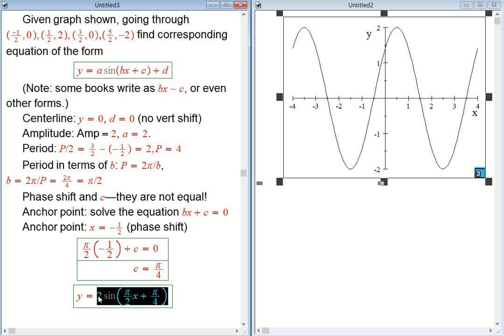However, this answer would not be different. This answer is just what it is. It would be pi over 2 x plus pi over 4. And then the only thing, are you thinking of this as just plus pi over 4 or minus a minus pi over 4? So we'll talk about that in class. I hope that won't be too confusing. The main thing is it doesn't matter what you call it, you just need to get a correct equation that actually graphs what you want to graph.